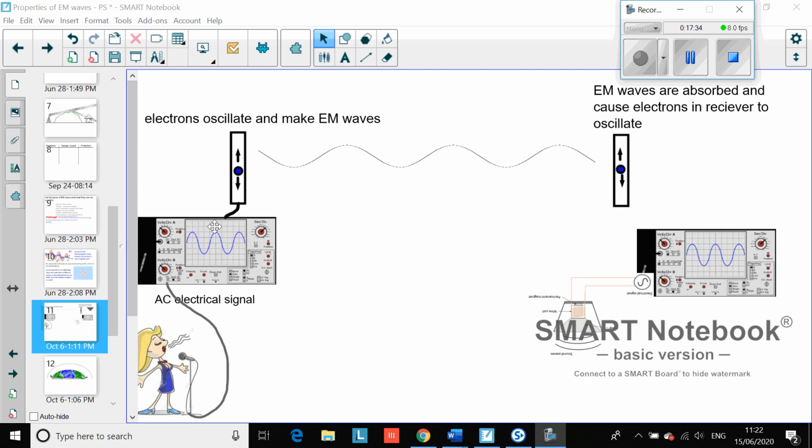Now what happens is it goes up to the transmitter. Now in the transmitter, there are atoms, and the electrons in those atoms oscillate, and as they do, they basically emit electromagnetic waves. In a nutshell, quite simply, the electrons jump up from one orbit, and then they instantly lose their energy and fall back down.